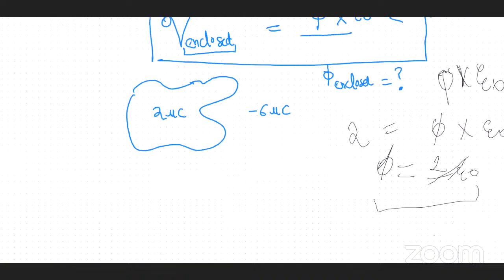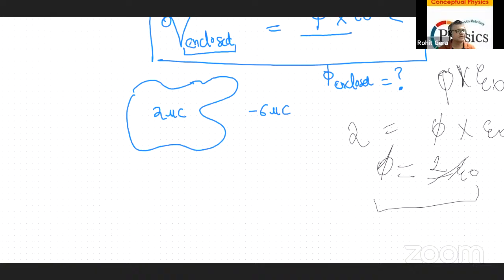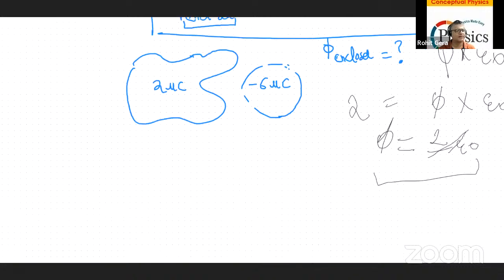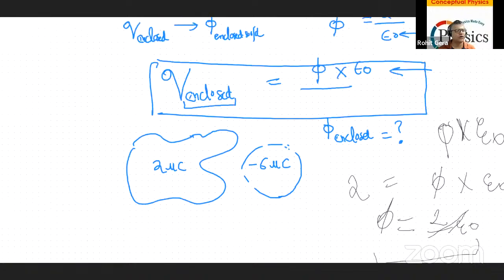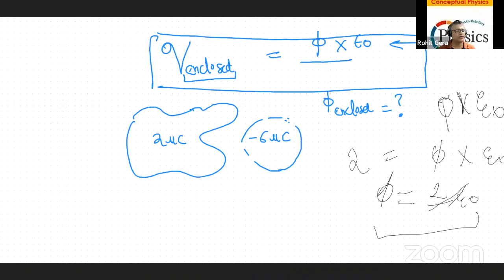Yes. Don't include the 6, because it is not enclosed. You will always worry about the enclosed charge. You will not worry about the one which is not enclosed.